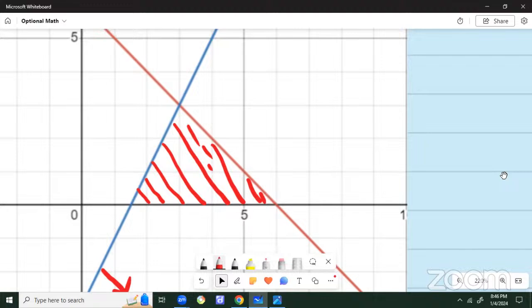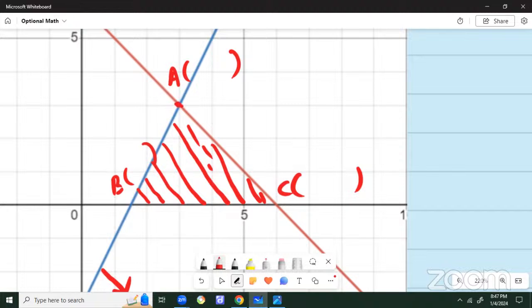Now, can you find the vertices of the triangle? Let's say this one is A, this one is B, this one is C. Can you guess the coordinates of A, B, C? What are the coordinates of A?